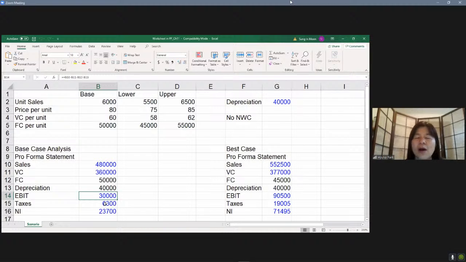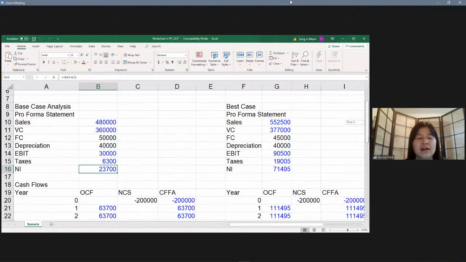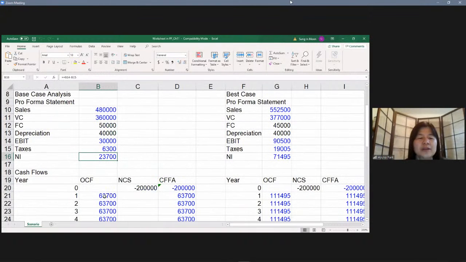By multiplying EBIT, operating income, by the 21% tax rate. So subtract the taxes, you can get net income. And how to calculate operating cash flow? EBIT plus depreciation minus tax.